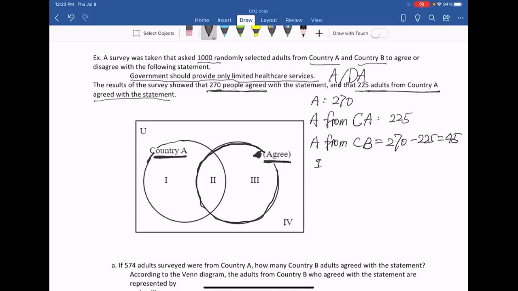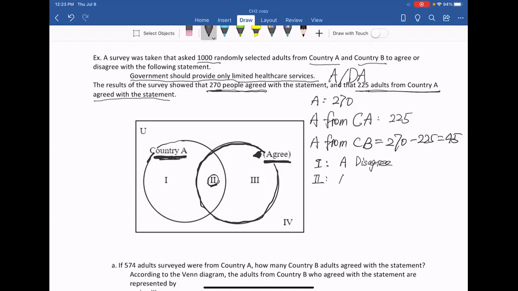Region 1 means country A's people who disagree. Section 2, or region 2, means the intersection of country A and agree.